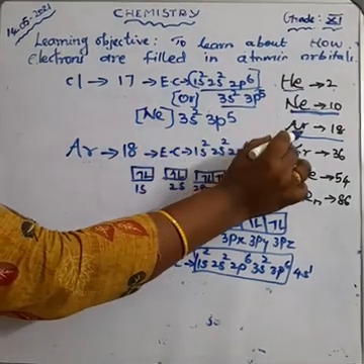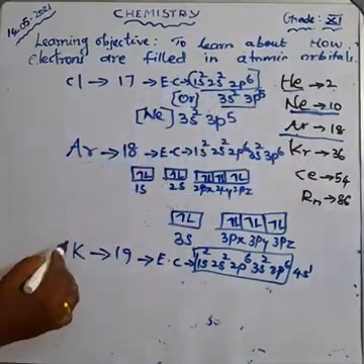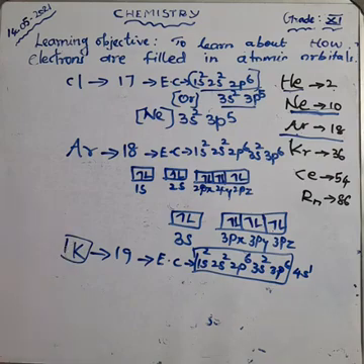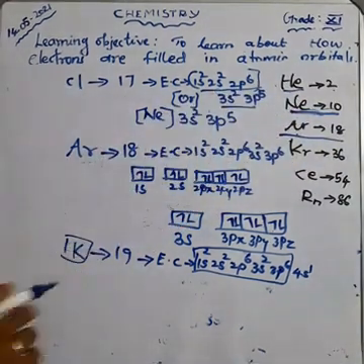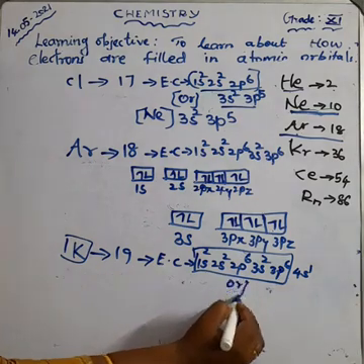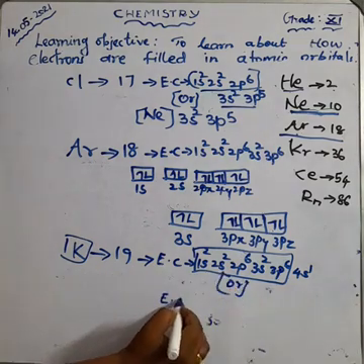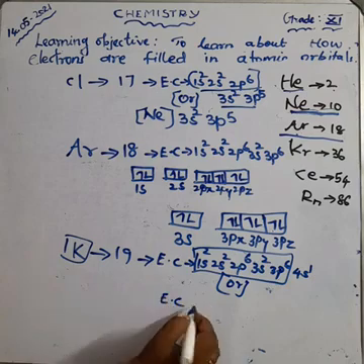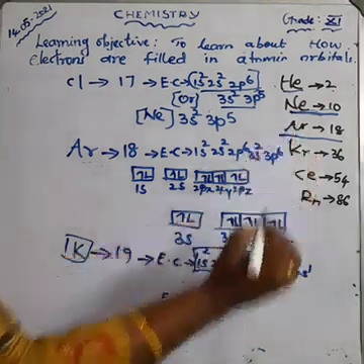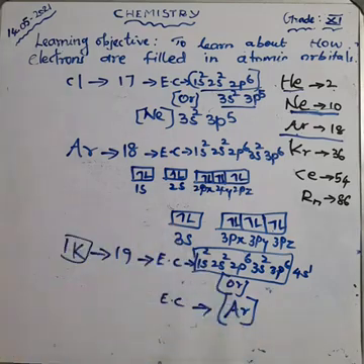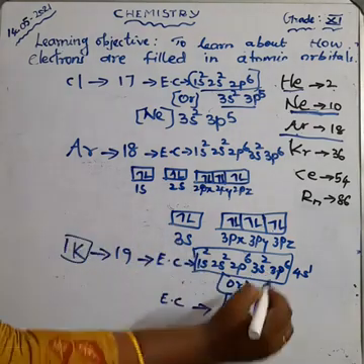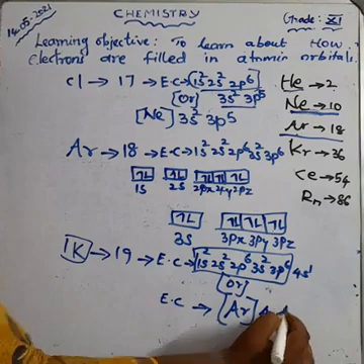So argon is the nearest noble gas for potassium. How will you write the short form electronic configuration for potassium? We take argon as the stable electronic configuration, argon, and after that we can write 4s1.